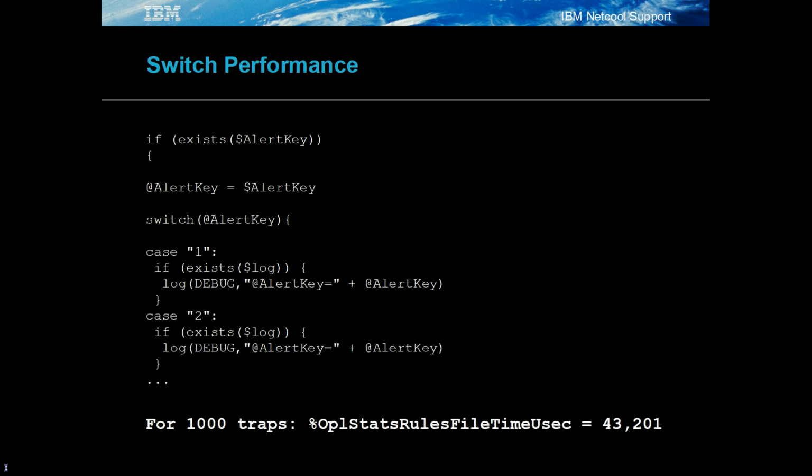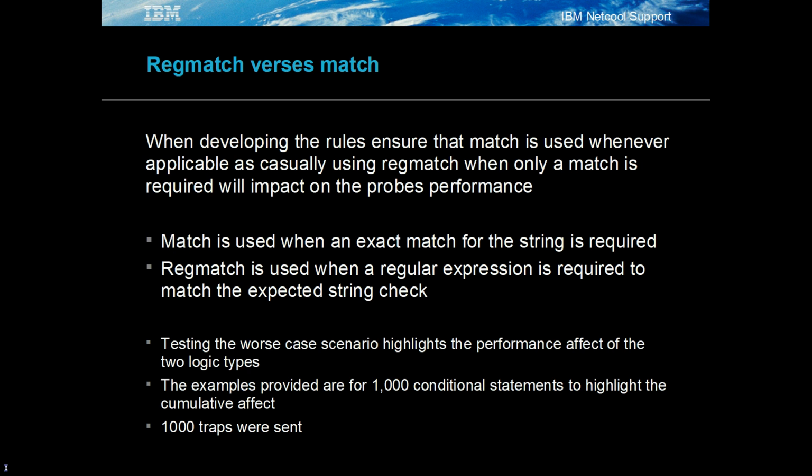When the same events were processed using the switch statement, the total timing was 43,201 USECs, which is 17 times faster. Therefore, use the switch function in preference to chained if-else-if statements.